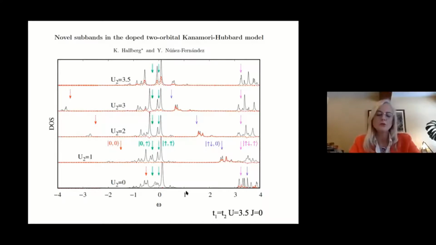When U prime is equal to 0, we have two separate Hubbard bands, and we're looking now at the doped system. So this is the Fermi energy, or this is the lower Hubbard band. And then here between 3 and 4 omega, we find the upper Hubbard band. This is the Mott gap.